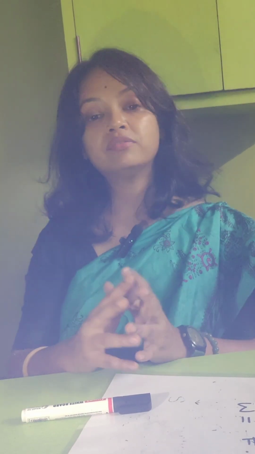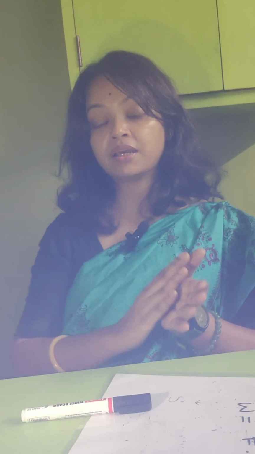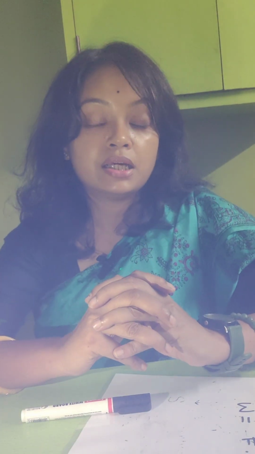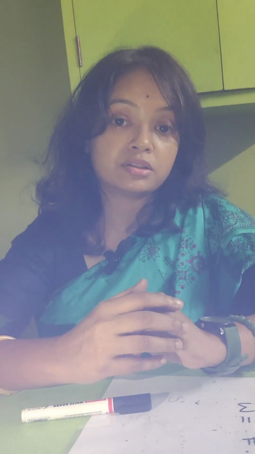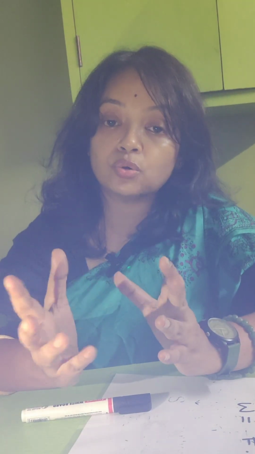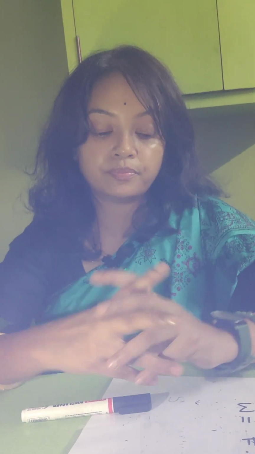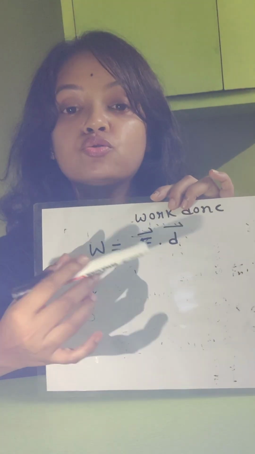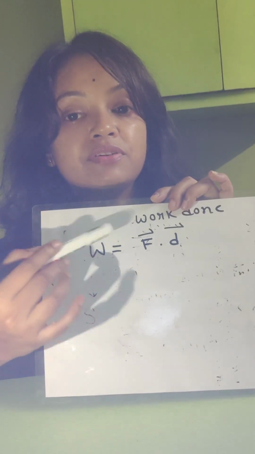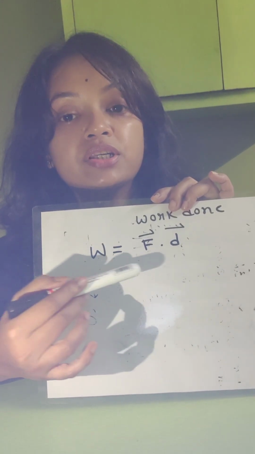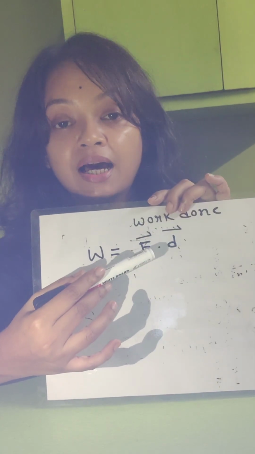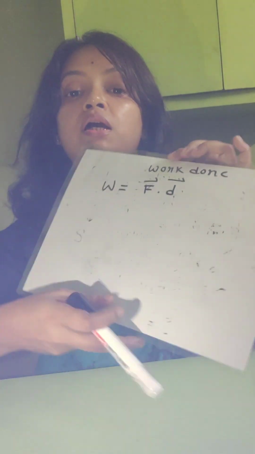Whenever two vectors are multiplied giving a vector as the result, it is called a cross product. Since work done is itself scalar and two vector quantities are multiplied giving a scalar quantity, it is a dot product. Hence, the dot represents the dot product.